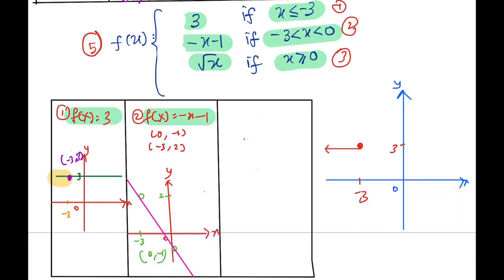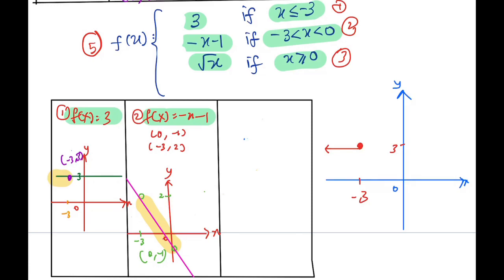Okay, now let's continue to connect the dots, and then let's highlight where we'll need. It's from minus 3 until 0. So from minus 3 until 0, this is the shape of your graph. As usual, when you want to transfer this answer towards your piecewise defined function, first of all, let's transfer the point first. For the point, it's very simple.